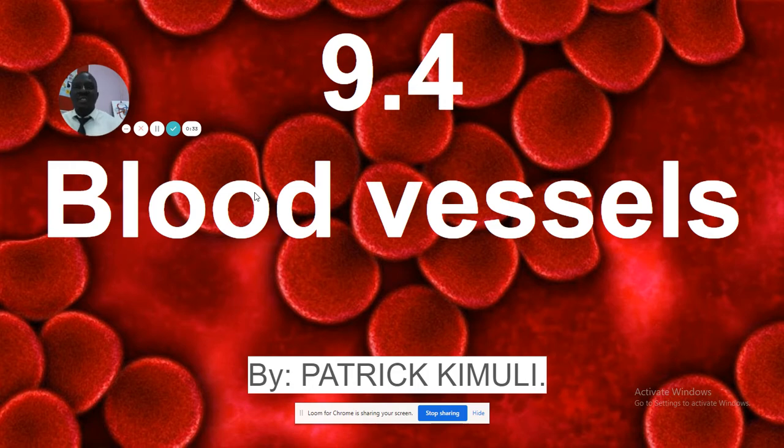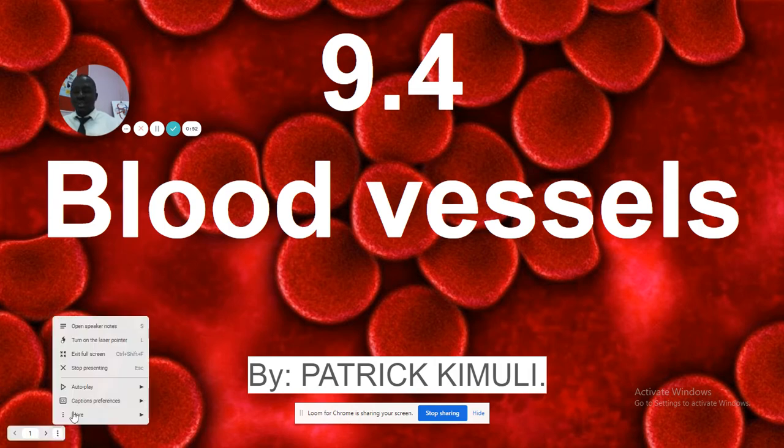It must have a pumping organ, which we call the heart. A circulatory system must have circulatory fluid, which is blood and the lymph. So today we want to see one of the characteristics of the circulatory system, which we call the blood vessels.